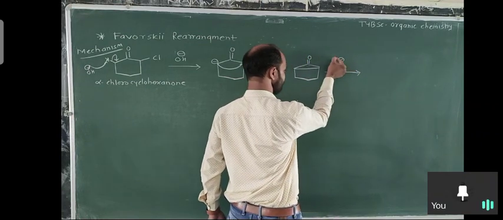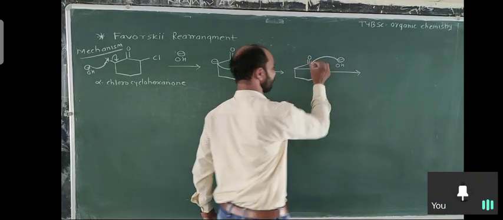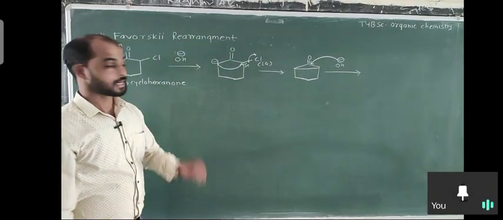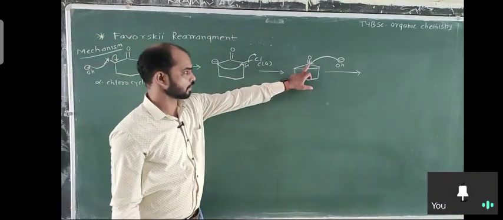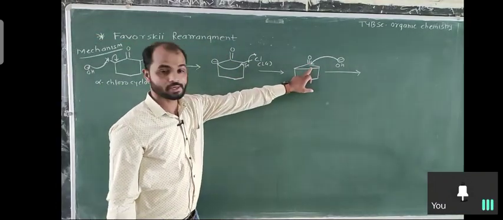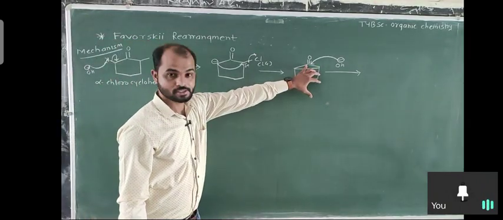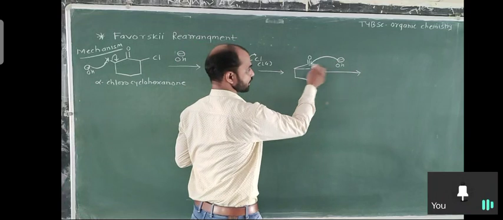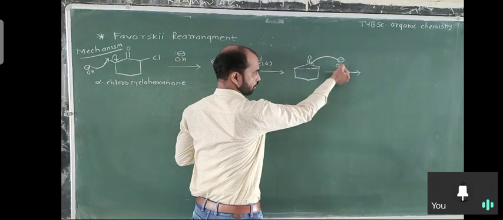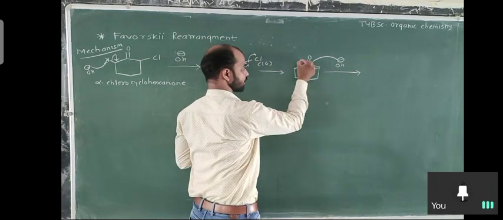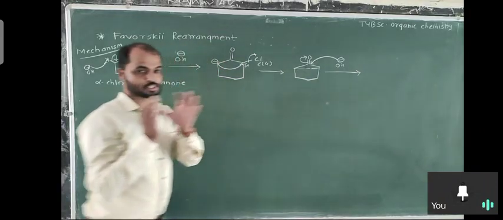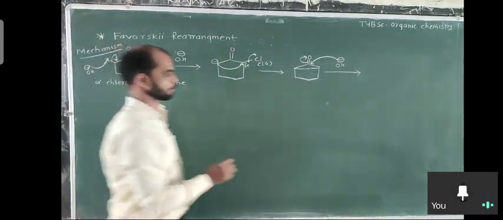This base will again attack the carbonyl carbon. Why? Because the carbonyl is sp2, the 3-member ring has high angle strain, so it is an unstable intermediate. That's why it easily accepts OH minus. Here there is delocalization, so sp2 converts into sp3.